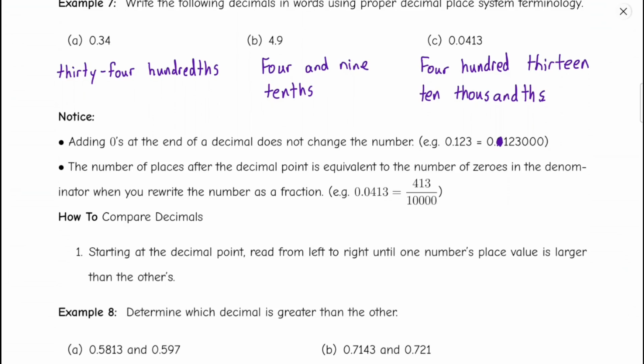How to compare decimals. Starting at the decimal point, read from left to right until one number's place value is larger than the others.